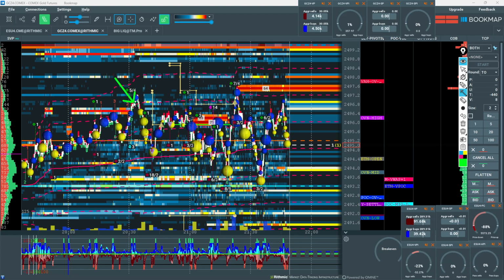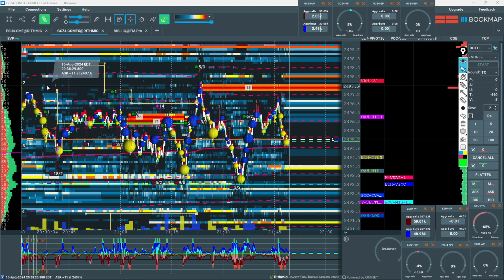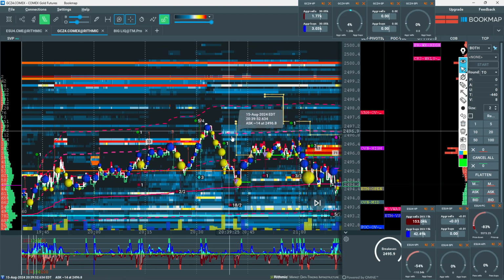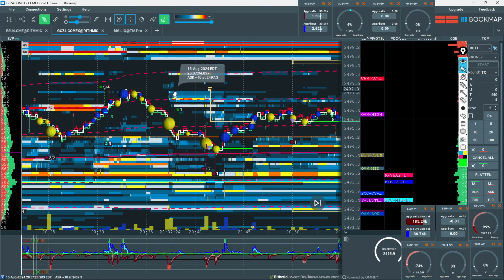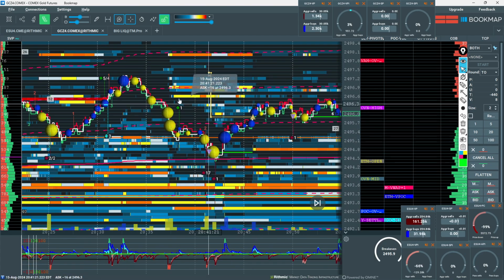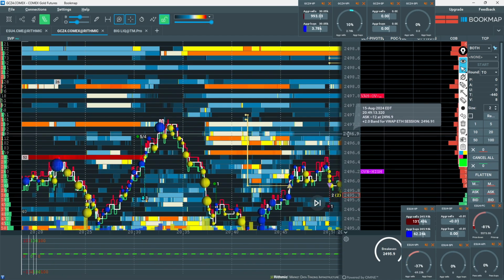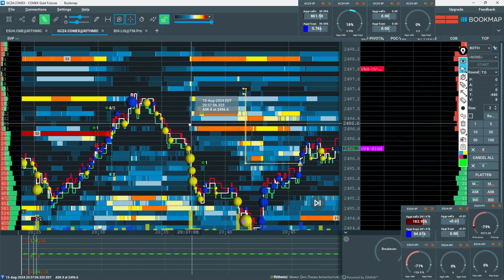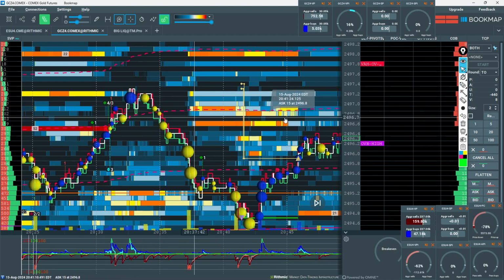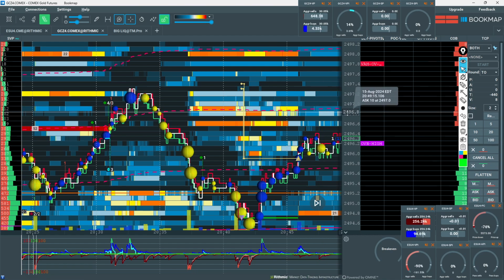So this break, I should have taken this trade somewhere around here, right? Because there's a nice sweep. Let's see the criteria for this here. Yeah, I would say that was a decent entry right there.